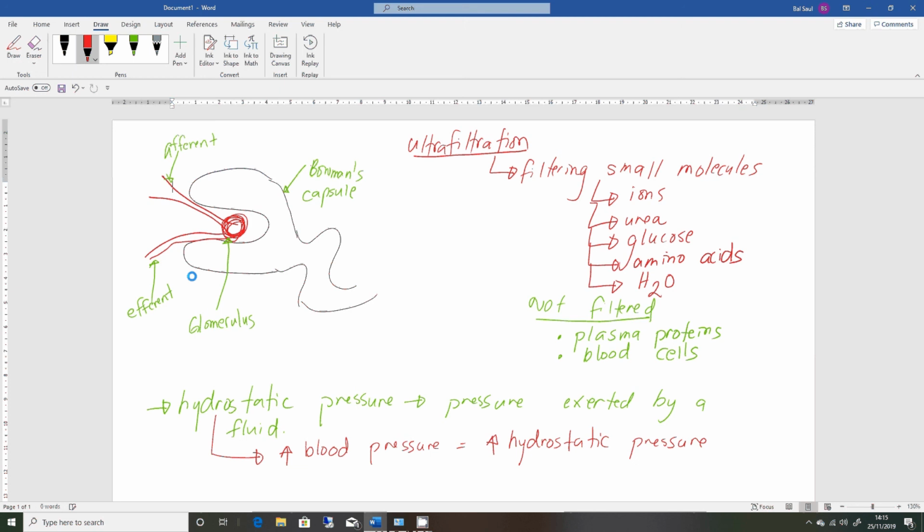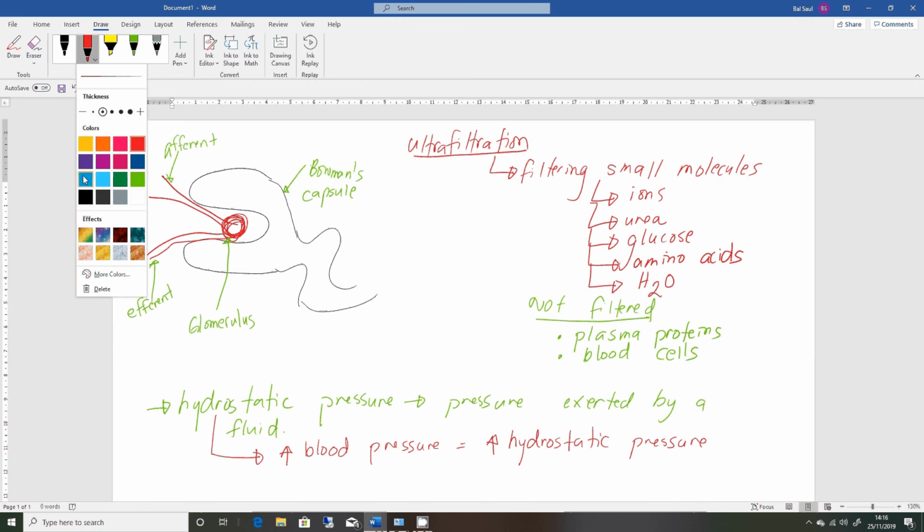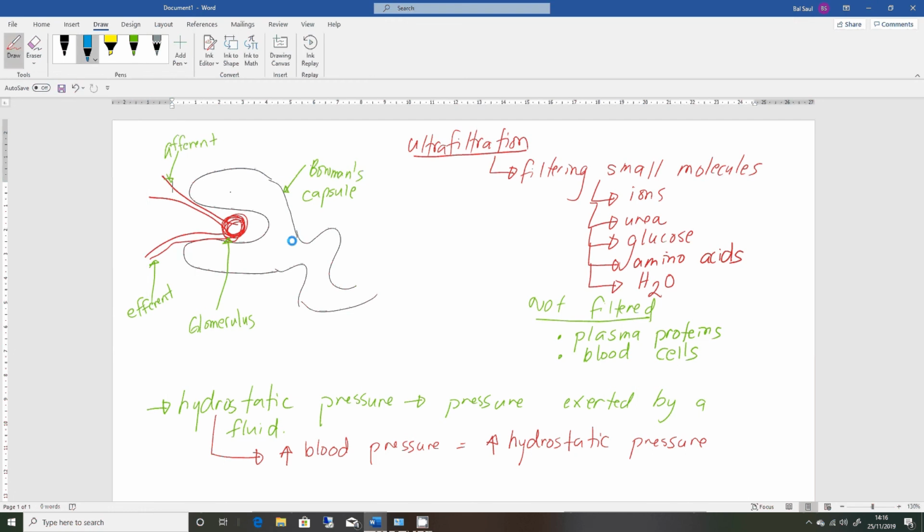Now this hydrostatic pressure in the nephron is created by the differences in the afferent and the efferent diameter. The differences in the diameter is what causes that pressure that will then force small molecules out of the glomerulus into the Bowman's capsule.